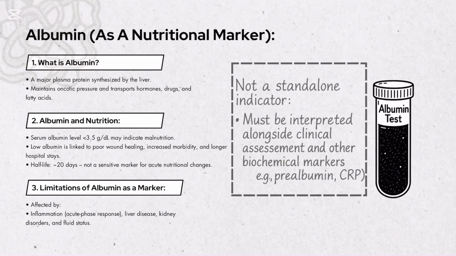It must be interpreted in context with a full clinical assessment and additional markers like pre-albumin and C-reactive protein, CRP, to give a clear picture. As nurses, this understanding helps us avoid misinterpreting lab values and ensure a more accurate nutritional assessment for our patients.